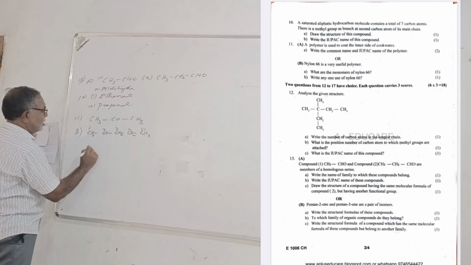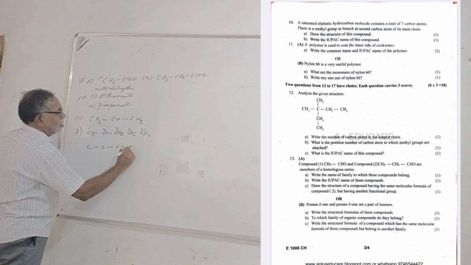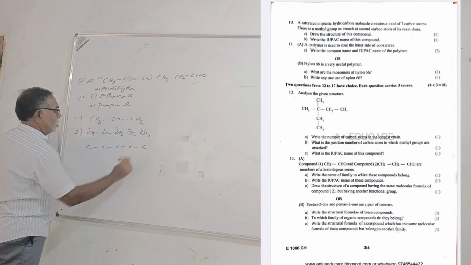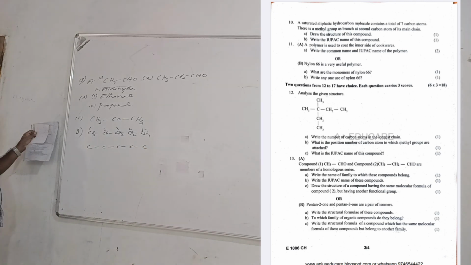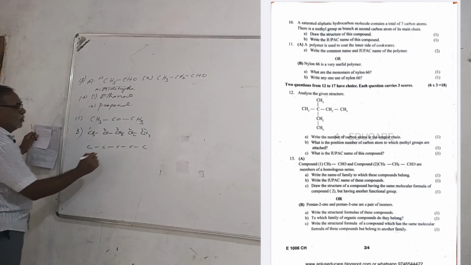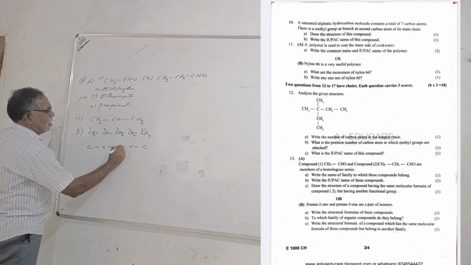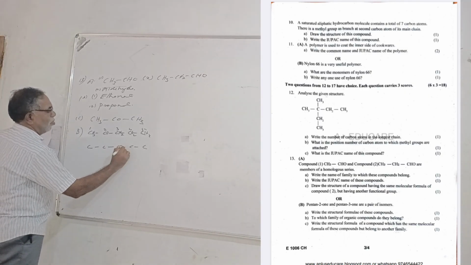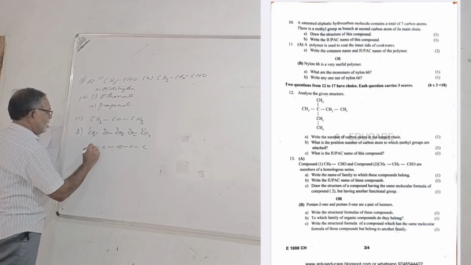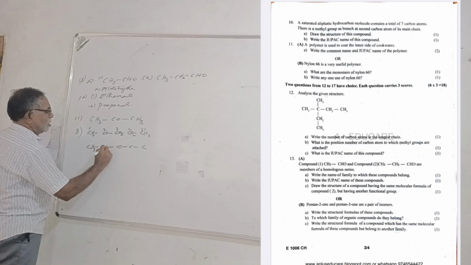Next one, pentan-3-one. Put the functional group here, and here CH3CH2.